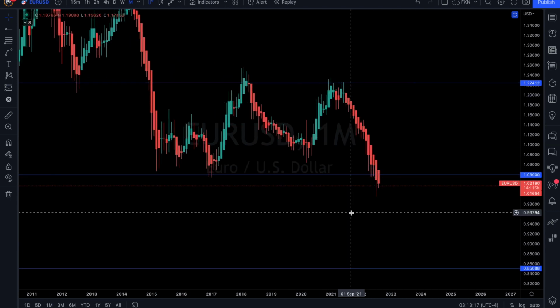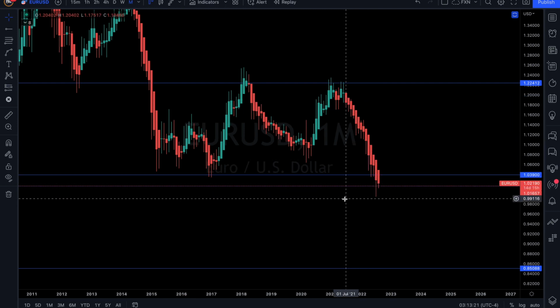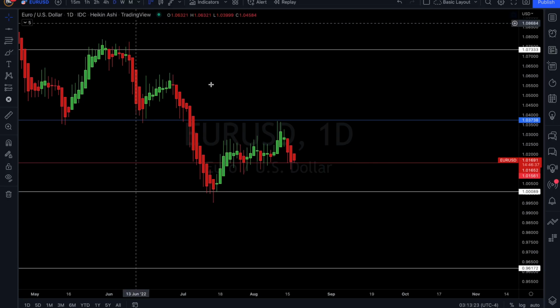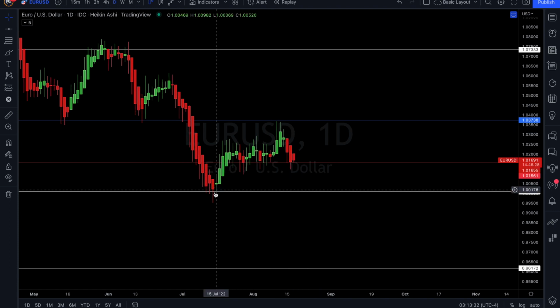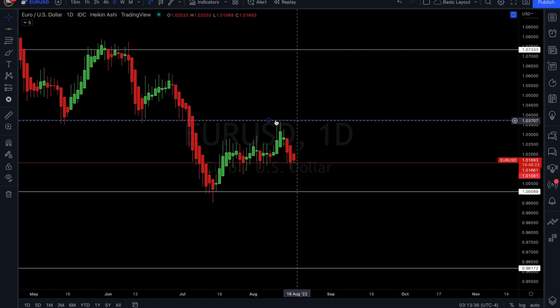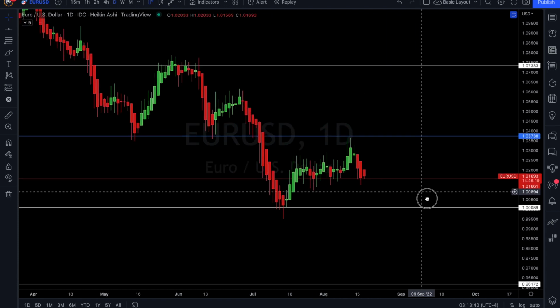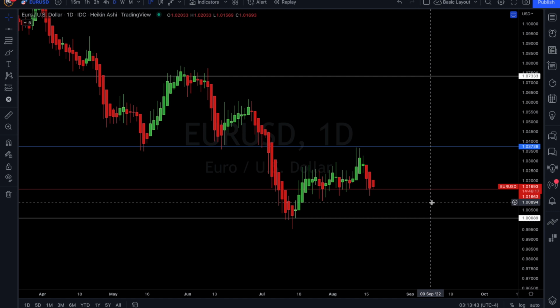You don't see it. All you see is straight red candles. But if we go down to the daily time frame, you can see a clear retracement going back to retest that monthly. So what does that give us as far as trading this? If we're looking for sells, how can we trade this?